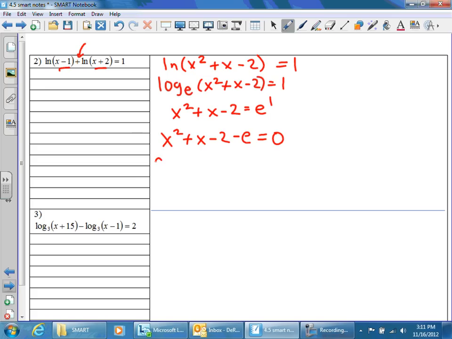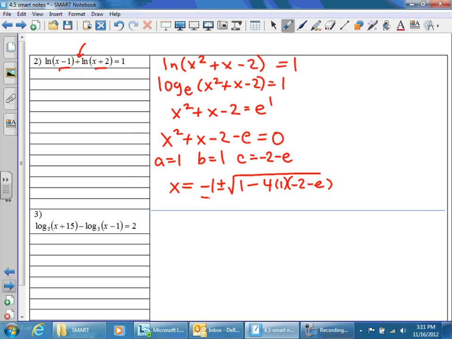Alright, so in this case I see my A is 1, my B is 1, and my C is negative 2 minus e. You ready to sing along with me? X equals negative B plus or minus the square root of B squared minus 4AC, all over 2A.